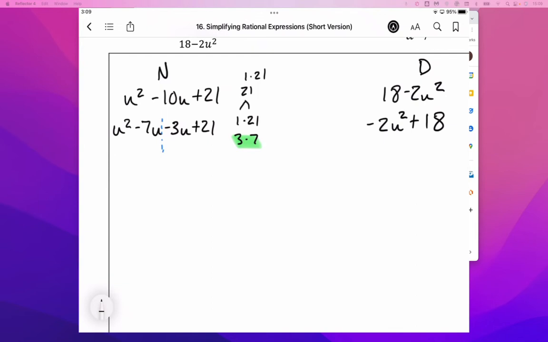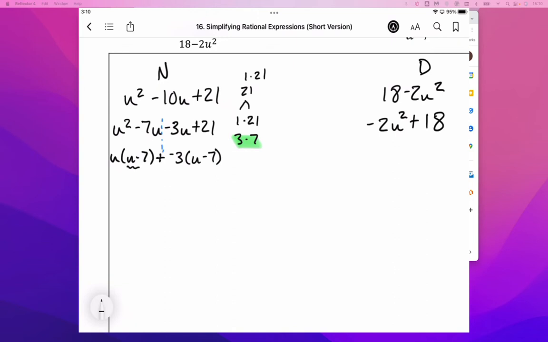On the left, I can factor out a u. I'm left with u minus 7. Then looking at the right, it looks like I need to factor out a negative 3 to make u minus 7.